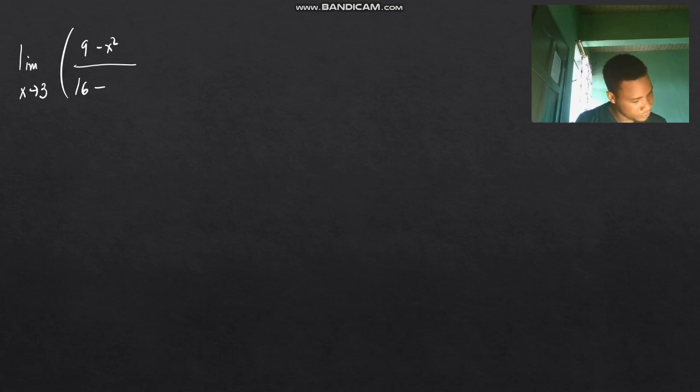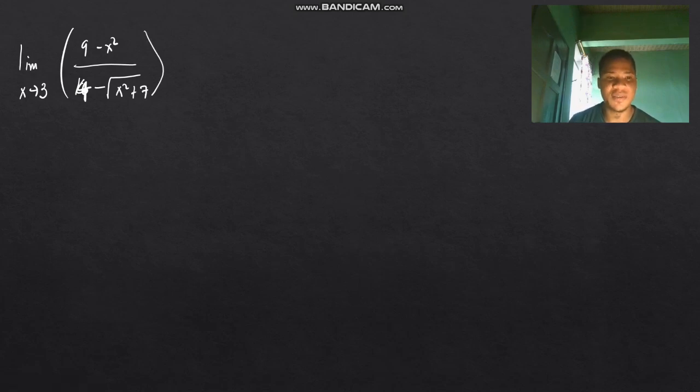Let's say you have the limit as x approaches 3 of (9 minus x squared) over (4 minus the square root of x squared plus 7).